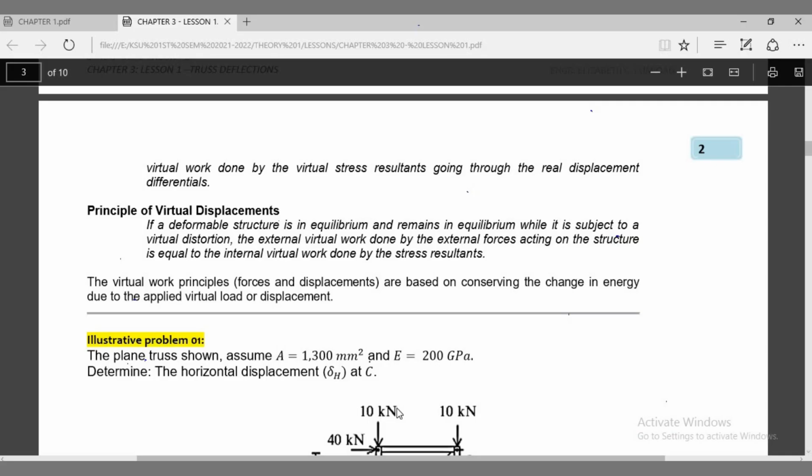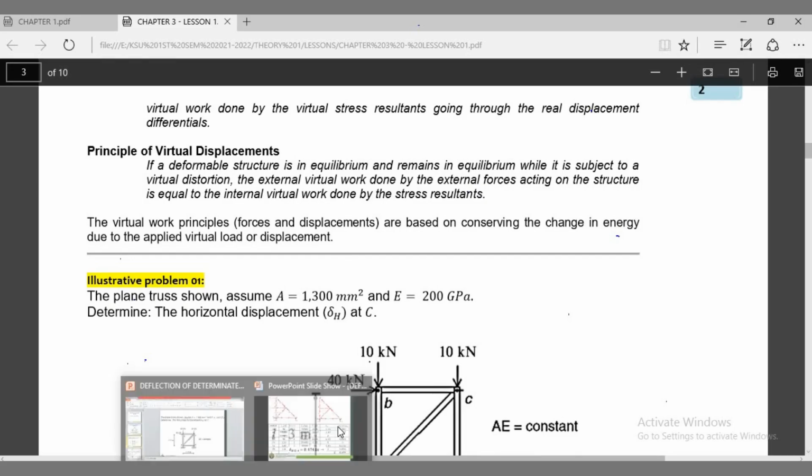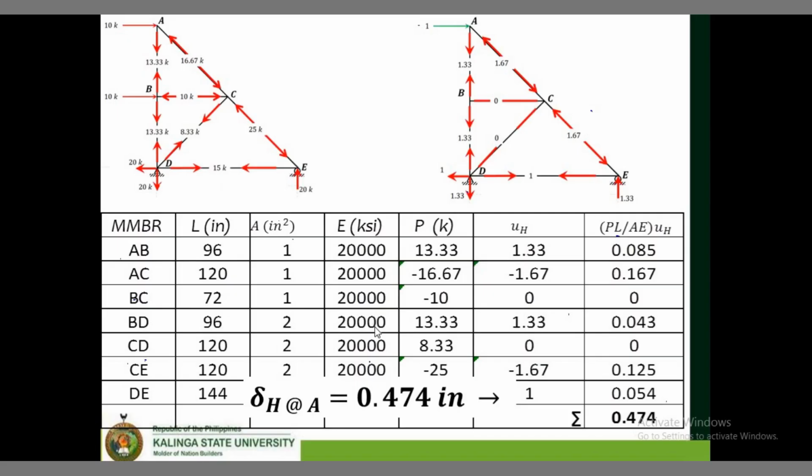Basta ulitin ko, sa step 1, dito sa pagkuha ng values ng P, always ang unang gagawin ninyo is to take the reactions and then take the bar forces using method of joints and method of section.